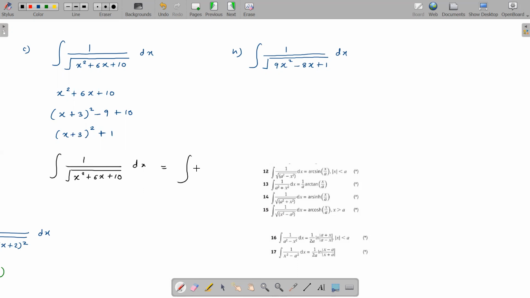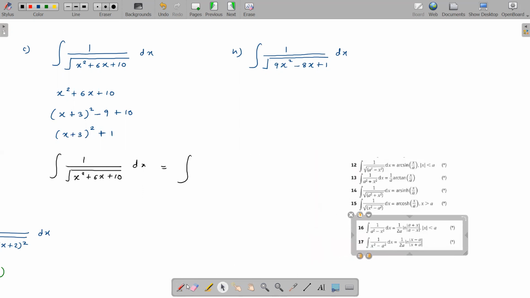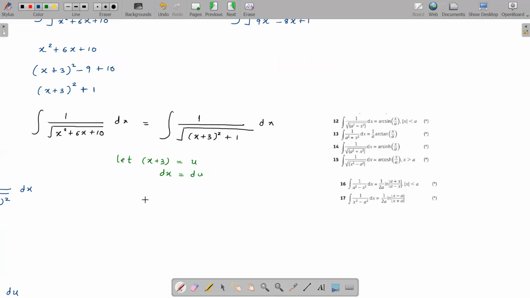So we get the integration of 1 over root (x plus 3) square plus 1. Okay. Then what do we do? Next, we substitute, right? Let x plus 3 be equal to u, which means we get dx equals du, because du by dx equals 1. Let's input that into our equation.